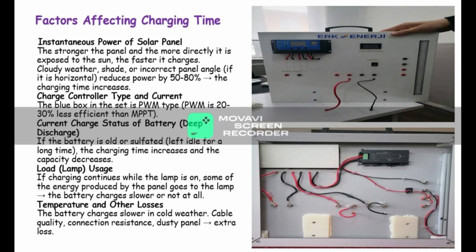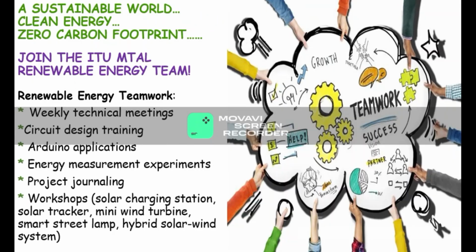Load usage: if charging continues while the lamp is on, some of the energy produced by the panel is directed to the lamp. The battery charges slower or not at all. Temperature or other losses: the battery charges slower in cold weather. Cable quality, connection resistance, and a dusty panel are equivalent to extra loss.